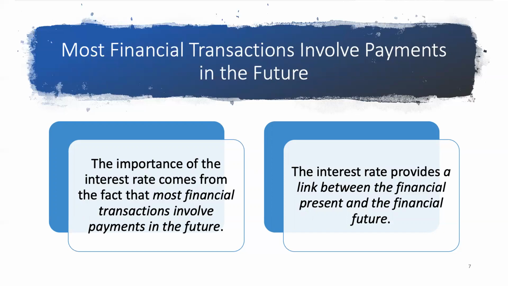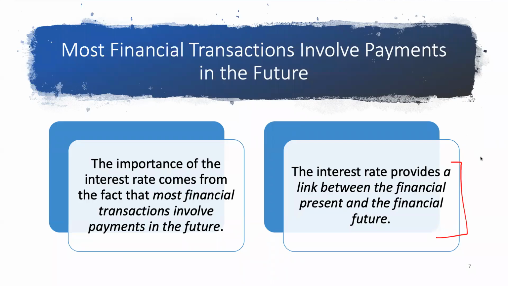You buy an asset because you're anticipating that it'll throw off some cash flows into the future. The importance of the interest rate is that it helps us take those cash flows from the future and value them in the present time, right? So that's the crucial insight: the interest rate provides a link between the financial present and the financial future, and allows us to translate dollars received 10 years from now into dollars today. Okay.